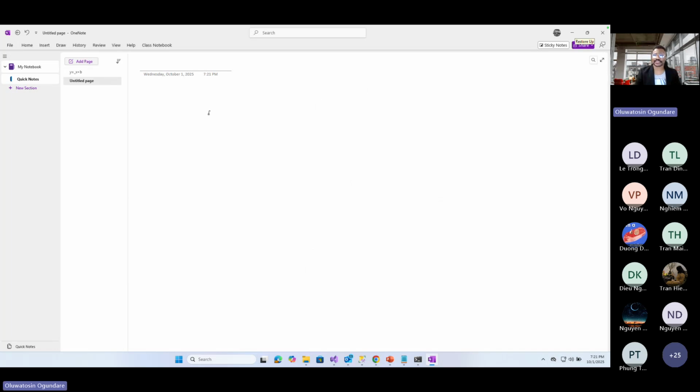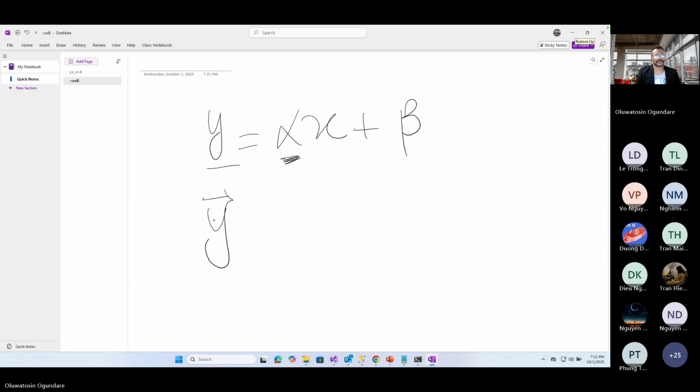So one thing we've learned in this class is that y could be a scalar, meaning a number, right? Just a number. And if y is a number, we expect that x is a number. And we expect that alpha will be a number. And in that sense, we expect that beta will be a number. But what if y is a point on the plane? What if y is a vector? Well, we expect then that x is a vector.